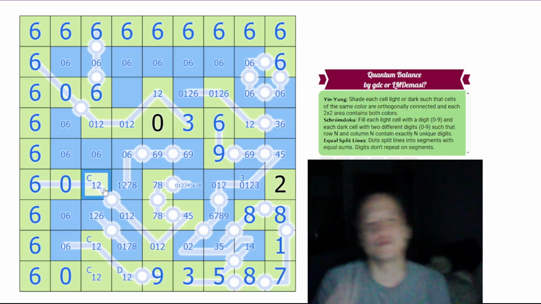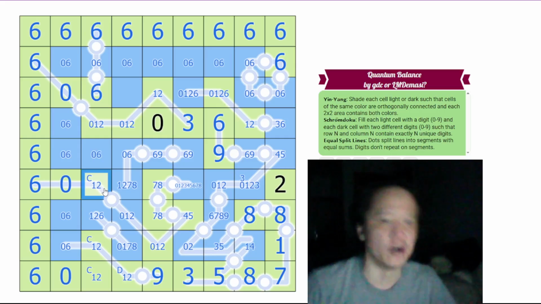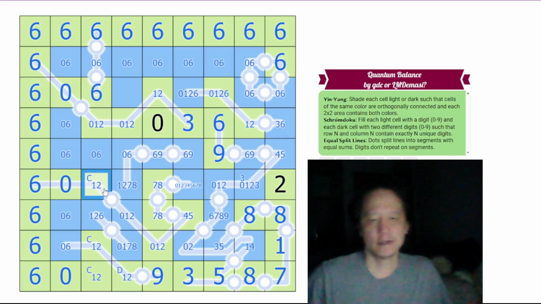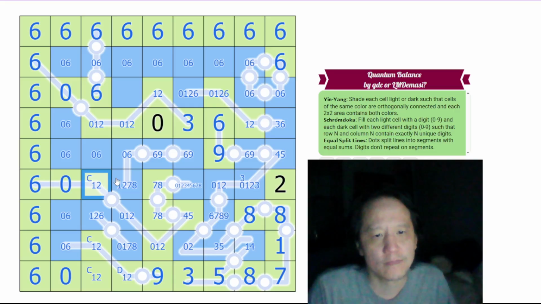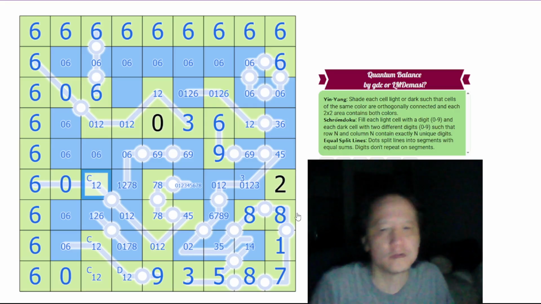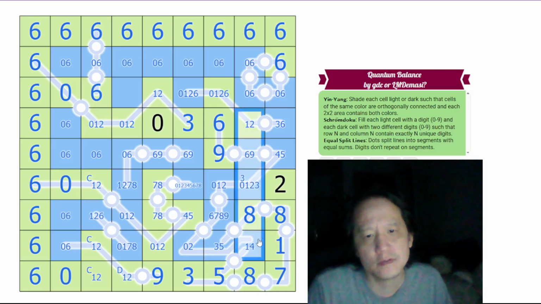What happens if C is 1? Actually, what happens if C is 2? If C is... I don't know.